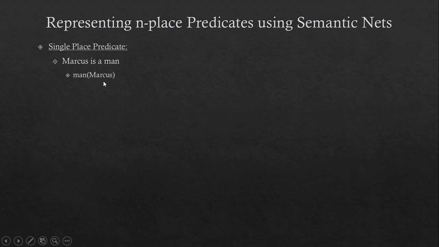Yes, because using inheritance, we know that Marcus is an instance of a man. So, if we can write this as instance(Marcus, man), we can represent the single place predicate as a semantic net.